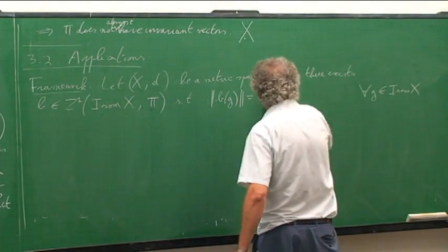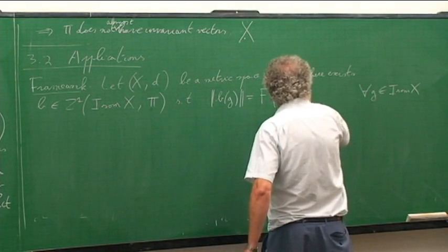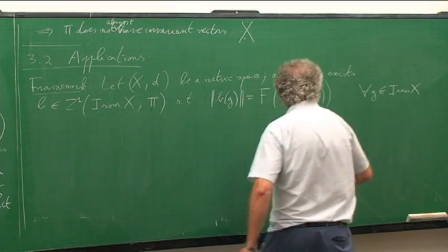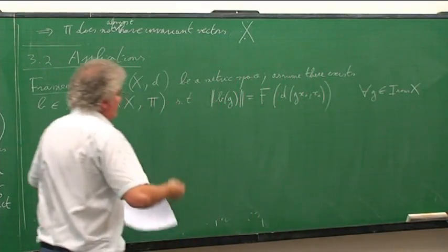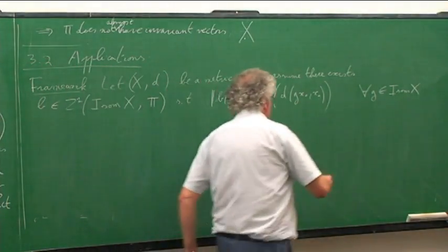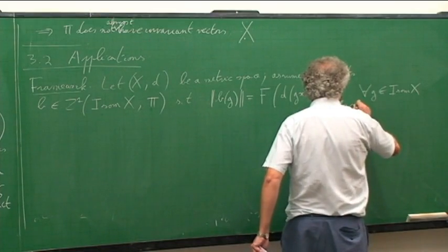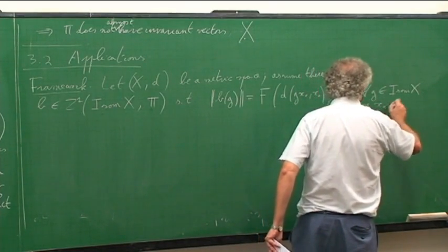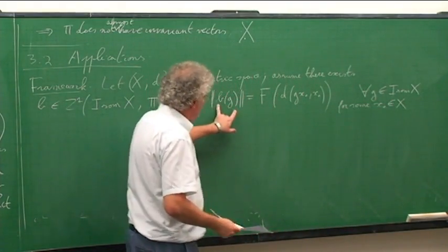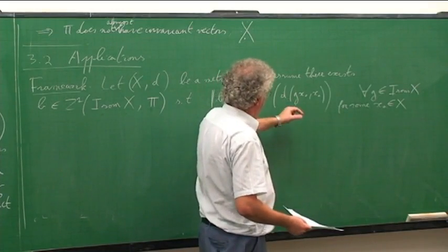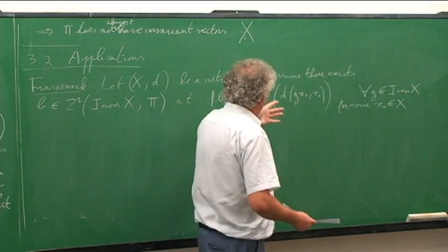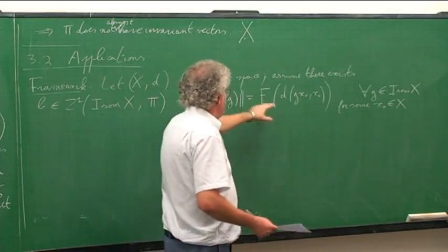What do I mean by this? Well, I'm assuming that for some point x naught in X, I can write the norm of b of g as a function of the distance between g x naught and x naught. And what do I assume about this function capital F?